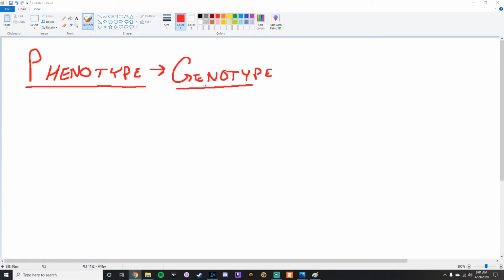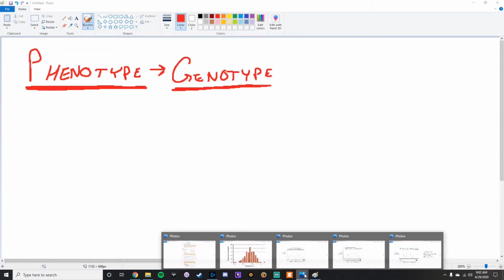If you're not able to pass it down, then we run into some problems. With phenotype, this is what is actually acted against. It would be like wearing a shirt. Wearing a shirt, yes, that is a phenotype, as in we can physically see it, but it's not genetically inherited. I hope that example makes sense.